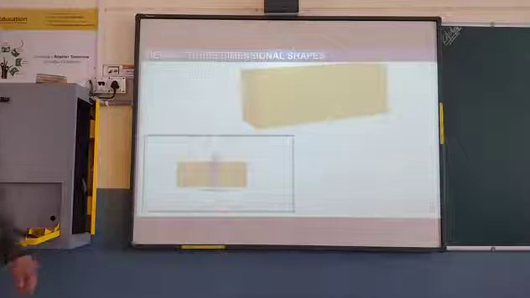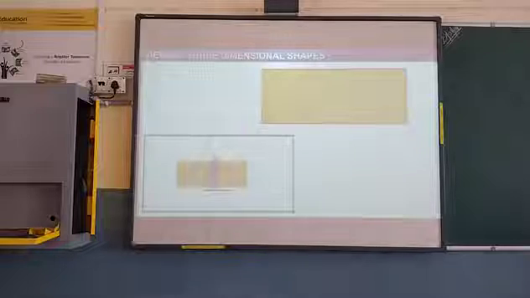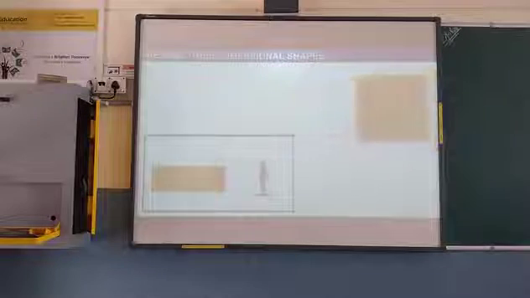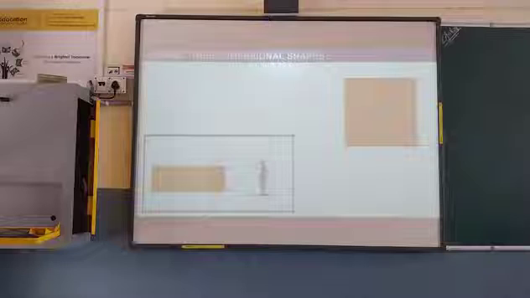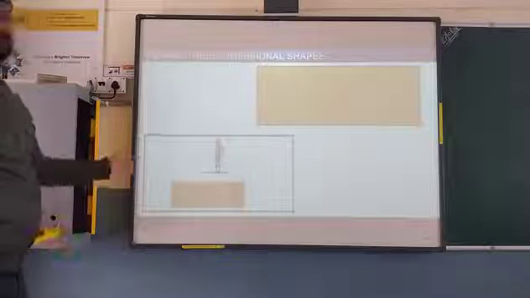For the cuboid shown, the front view exactly looks like a rectangle. The side view exactly looks like a square. The top view looks like a rectangle. These are the views I was talking about.